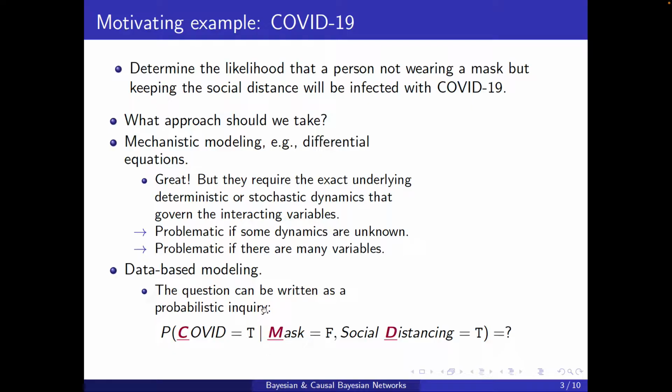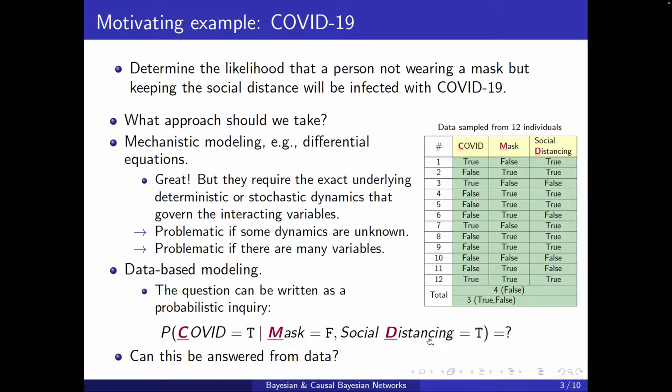And then we have this given condition on the fact that the variable mask, representing wearing a mask, which is again binary, false or true, and given that that person is following a social distancing, true. So we want to calculate this probability. And then the question is, can this be answered from data?